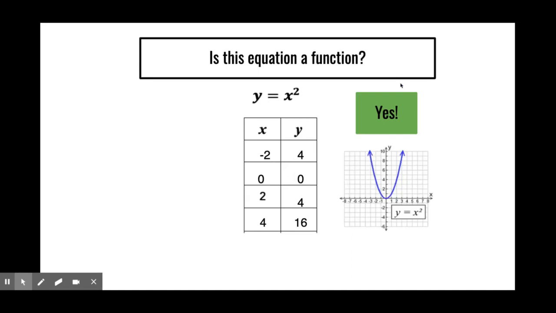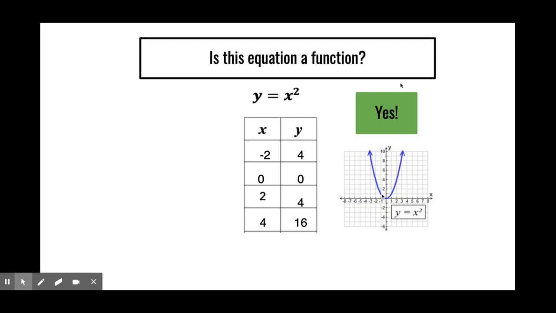And let's say you weren't sure again. If we look at our graph to make it definitive, here we have the parabola this equation is creating. If I were to do the vertical line test, the vertical line would go through each point only one time. Therefore, it passes the vertical line test.